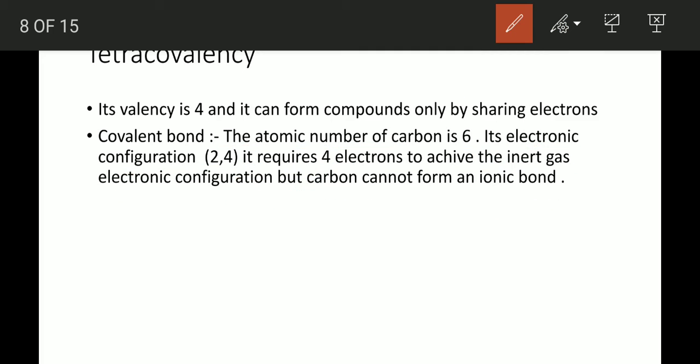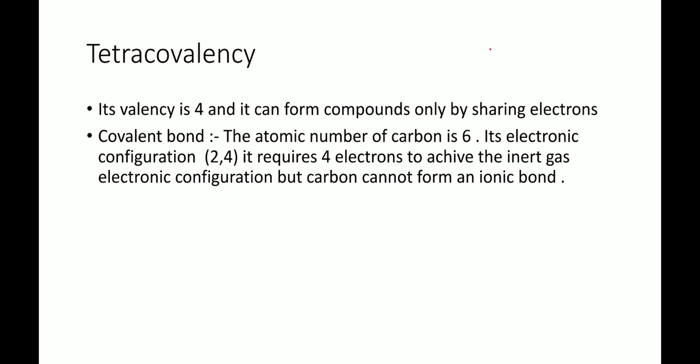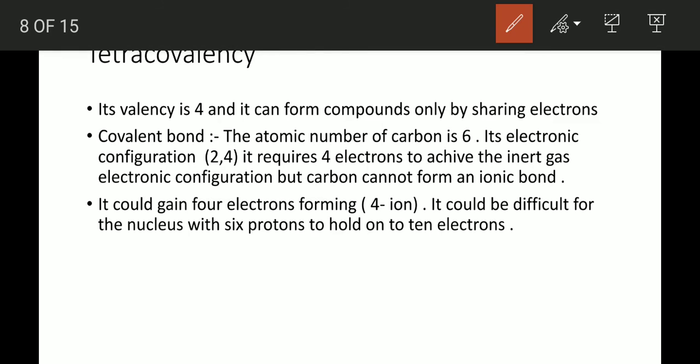Ionic bond means the bond formed by transfer of electrons. That means it cannot transfer 4 electrons and cannot gain 4 electrons.